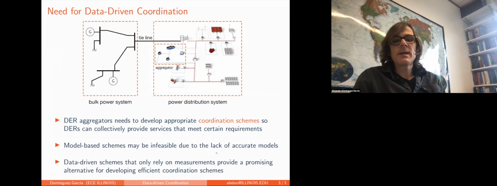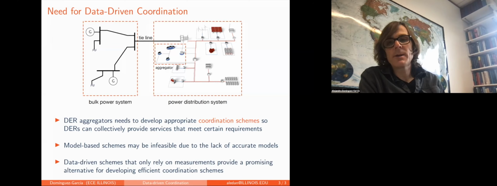The challenge here is that in order to develop these schemes to coordinate all these distributed energy resources, you typically need models of the system you're trying to control, right? But it is very hard to get these models at the distribution level, and even inside the buildings, because it's hard to build them.